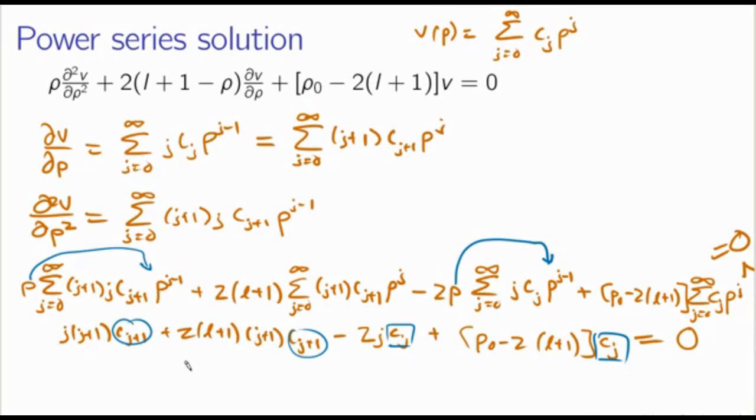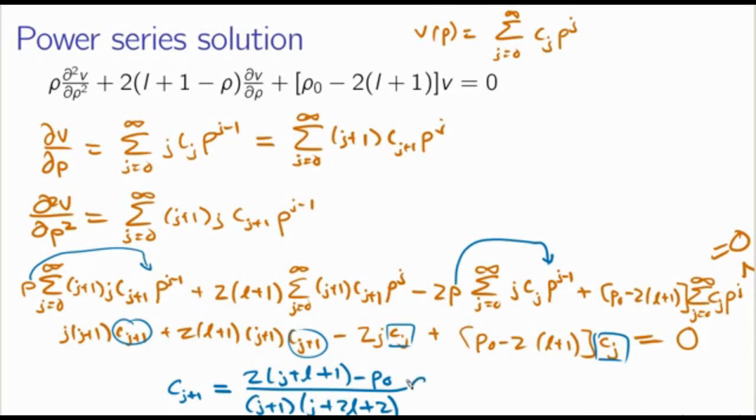And I'm going to divide through by those coefficients. What I get when I do that is that c sub j plus 1 is equal to j plus l plus 1 minus rho naught, divided by j plus 1 times j plus 2l plus 2. You can factor out a j plus 1 from both of these terms, so that's where this factorization comes from, multiplied by c sub j.